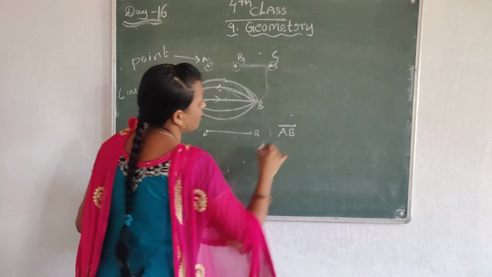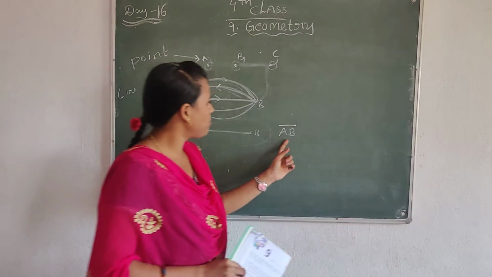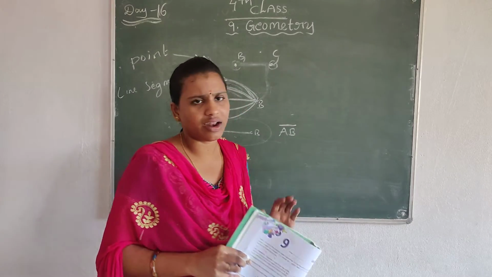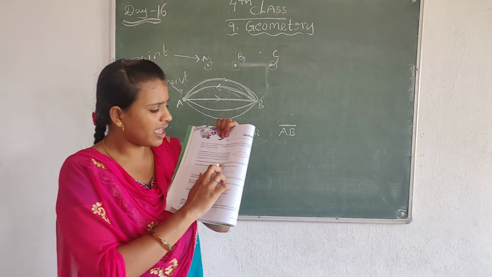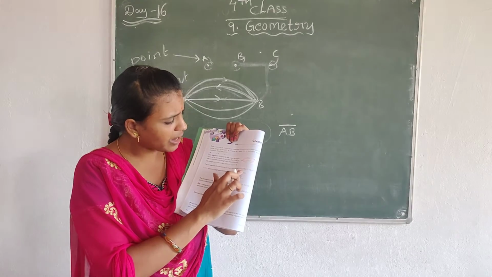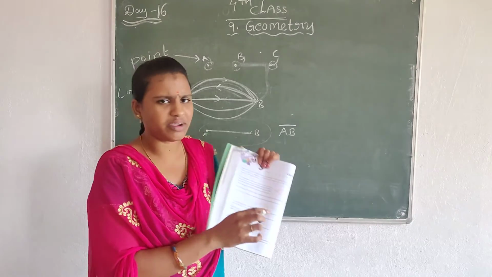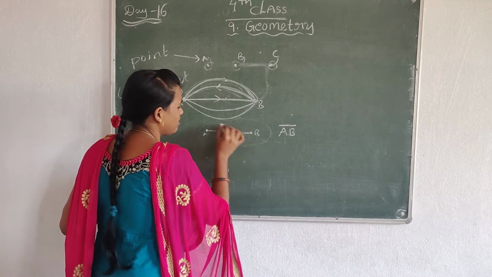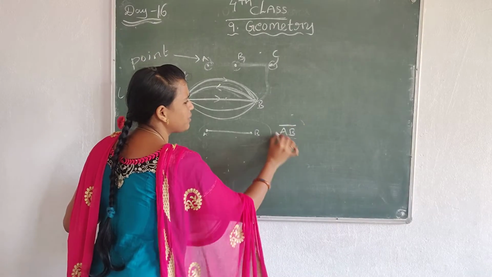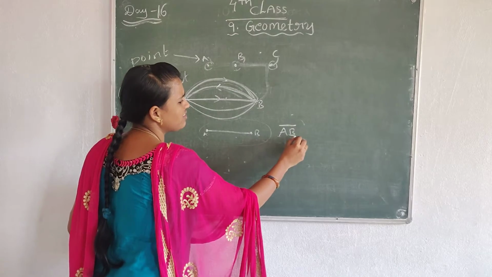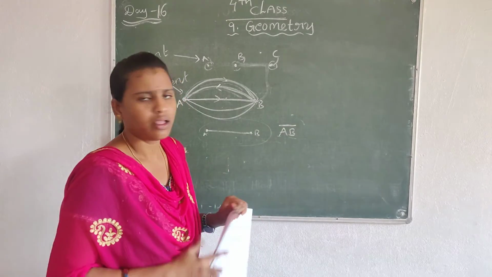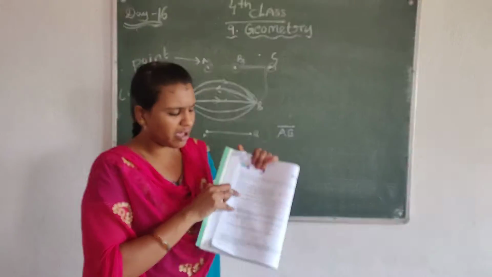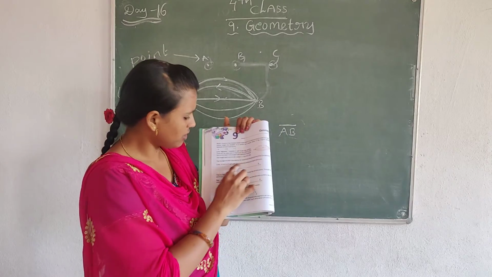AB bar. How to read it? AB bar. A and B are the end points of the line segment. So this line is completed from A to B. That's why we write AB with a bar on top.